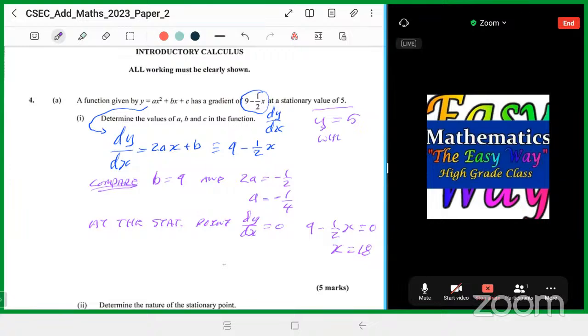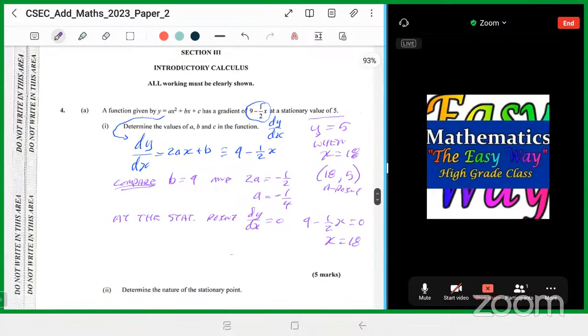So it means that the point 18, 5 is on the curve. So I'm going to put this in a box over here, put this by itself over here.